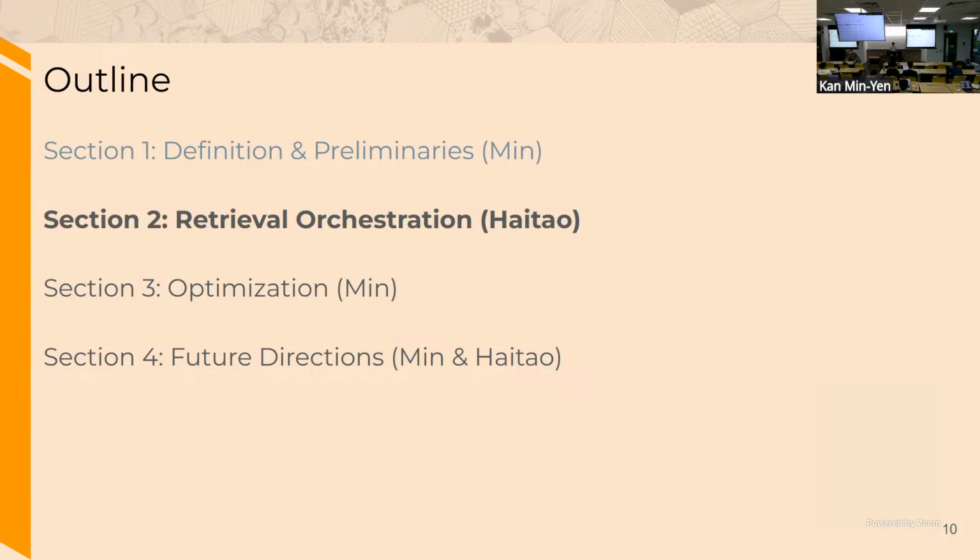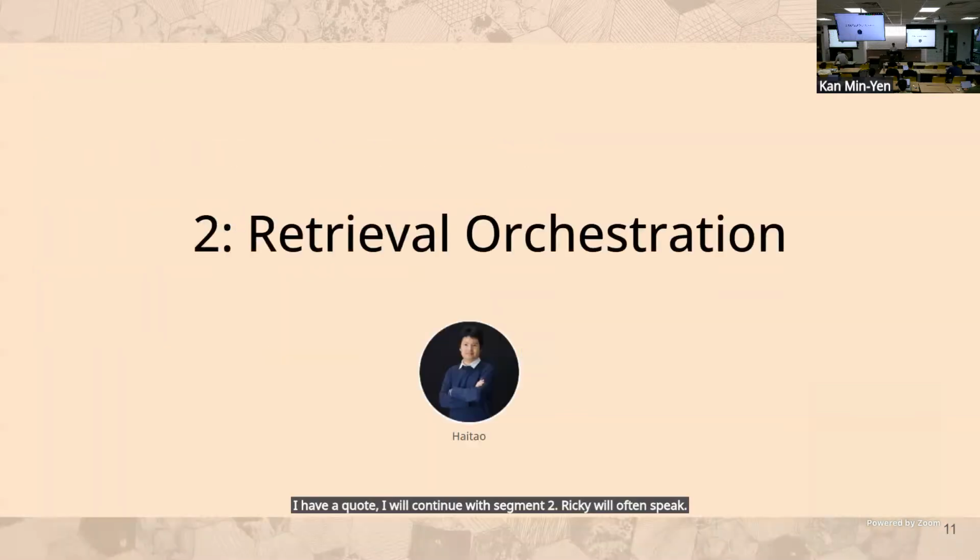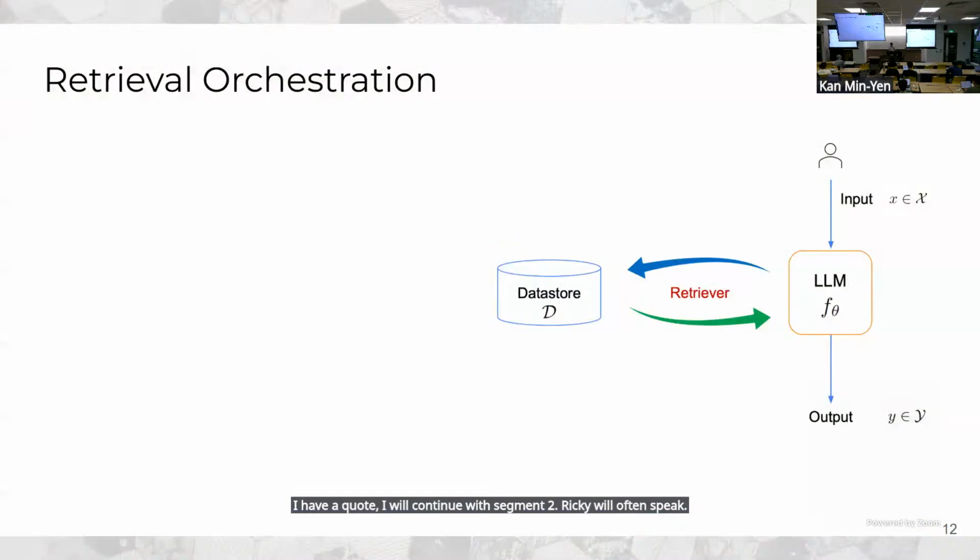Okay, I will continue with the second topic, the retrieval orchestration. First, as in this illustration of the RAG framework, we can see a number of components: an external data store, a retriever, and the generator. At first glance, it seems very simple, right?